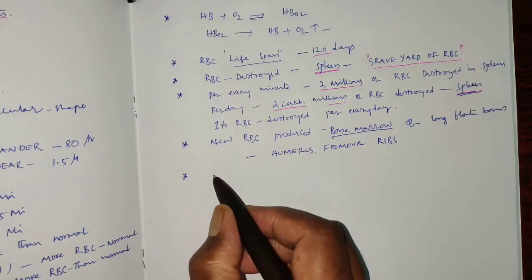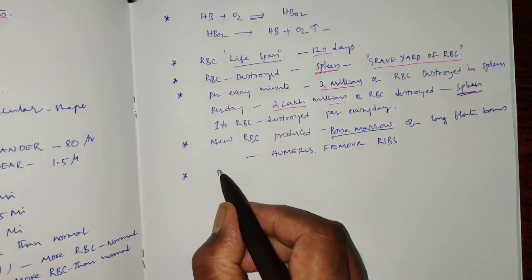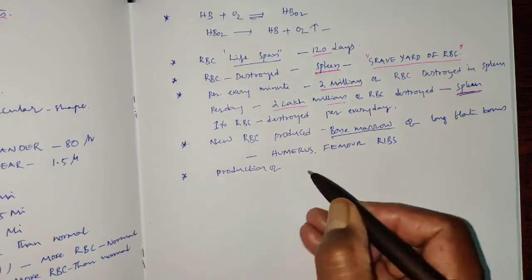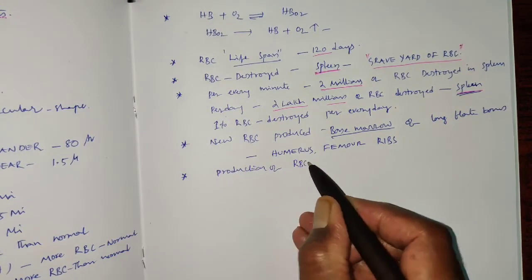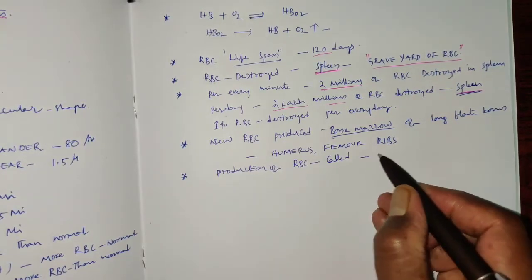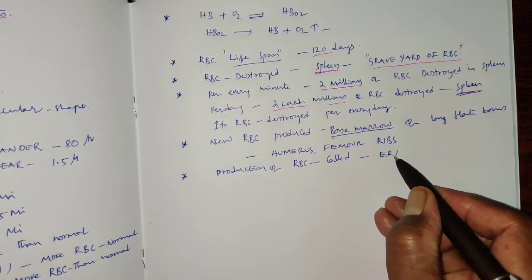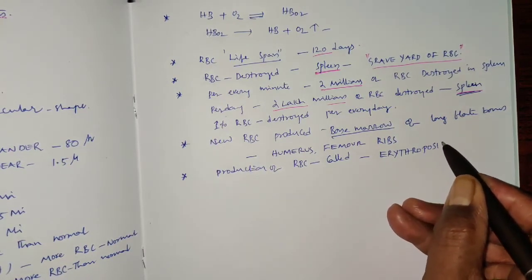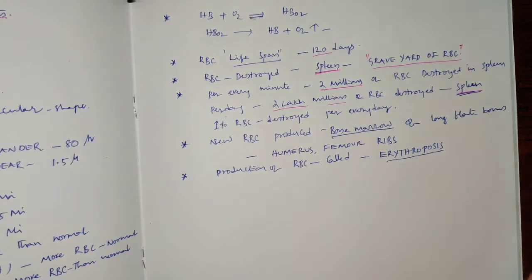The process of formation, the production of RBC, is called erythropoiesis. It includes production as well as maturation.